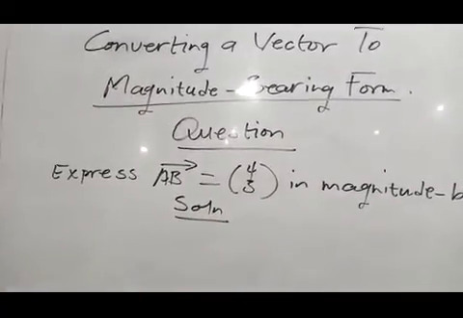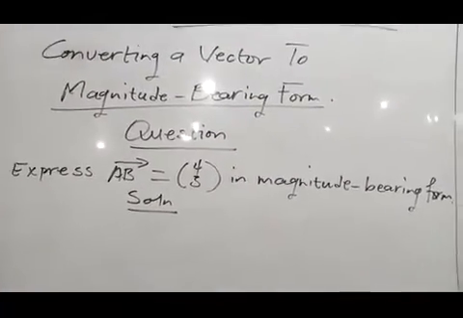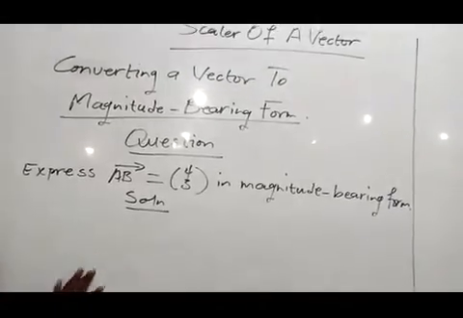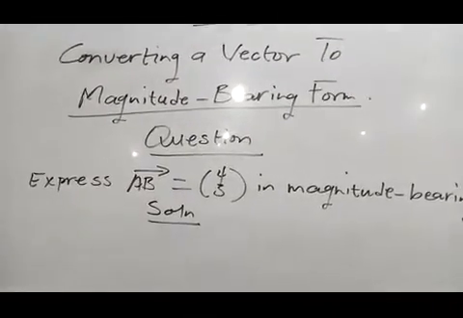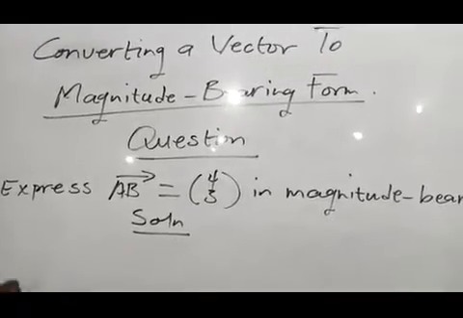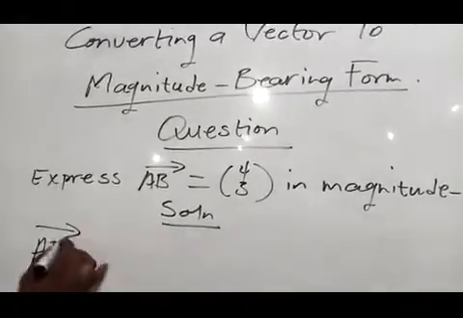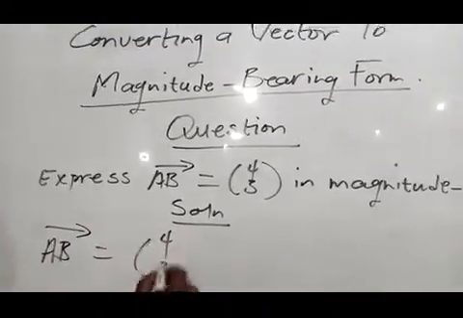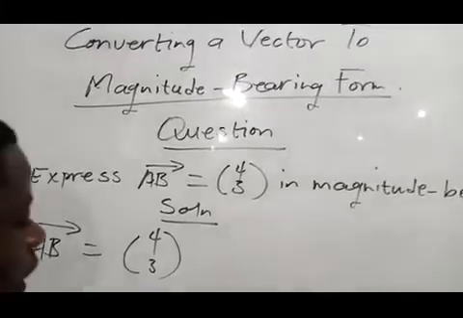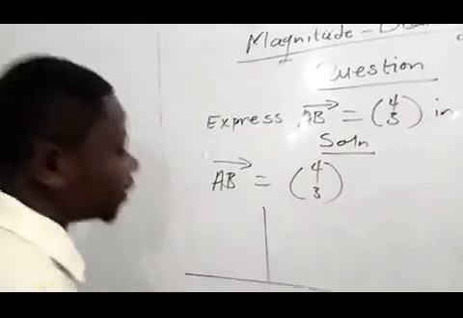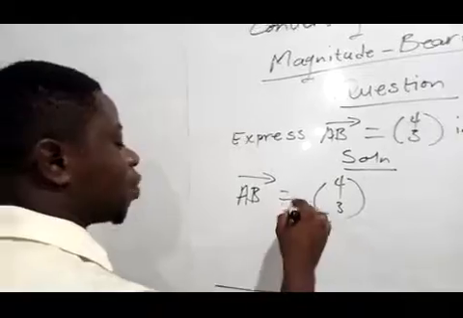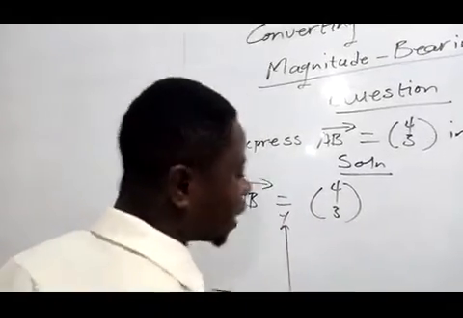Okay, so the first thing to do is to get the Cartesian form of this. Alright, so represent this on the Cartesian plane. We have vector AB to be (4, 3). Representing this on the Cartesian plane is going to be like that. This is the y-axis and that the x-axis.